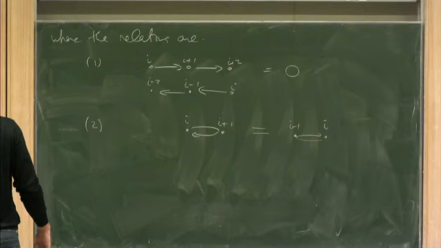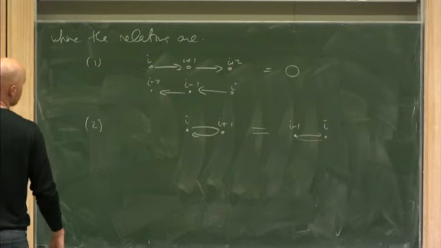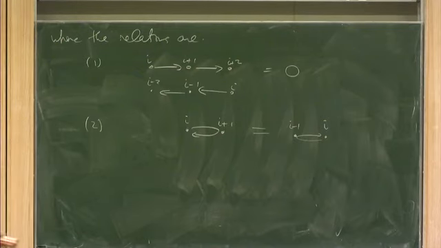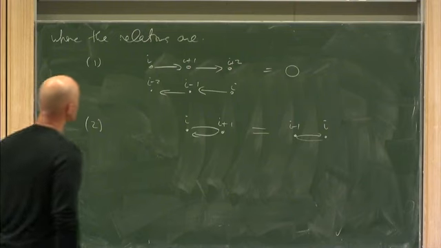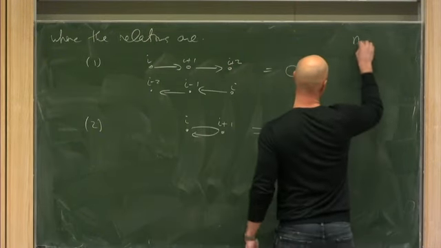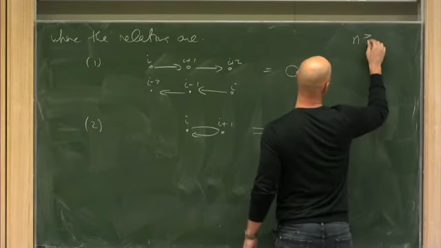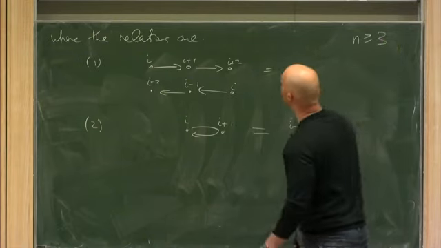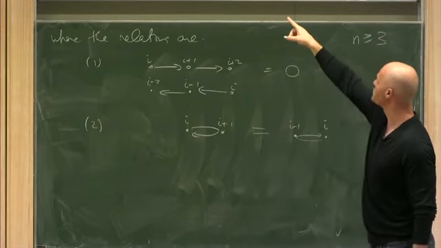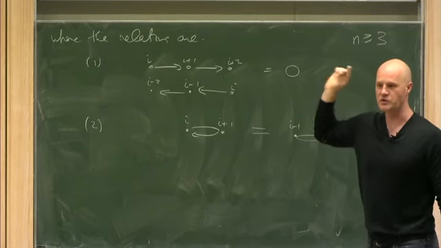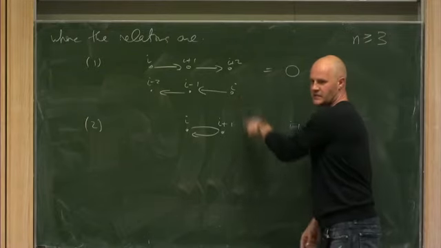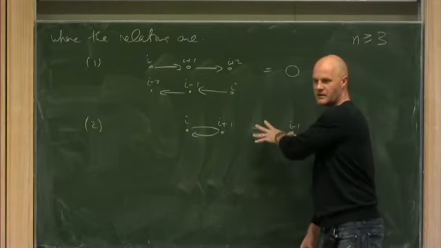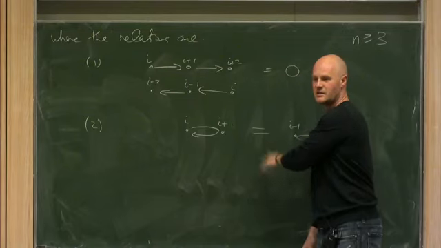So, right, maybe a slightly annoying point here. This is the definition as long as we have enough vertices, as long as n is greater than or equal to 3. If n is 1 or 2, so we only have 1 or 2 vertices here, then I haven't told you anything, because both of these relations involve three distinct vertices.